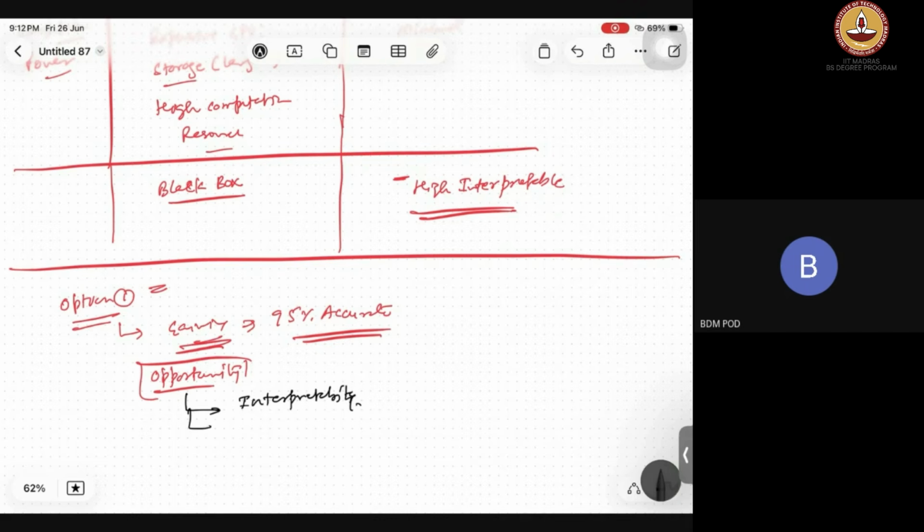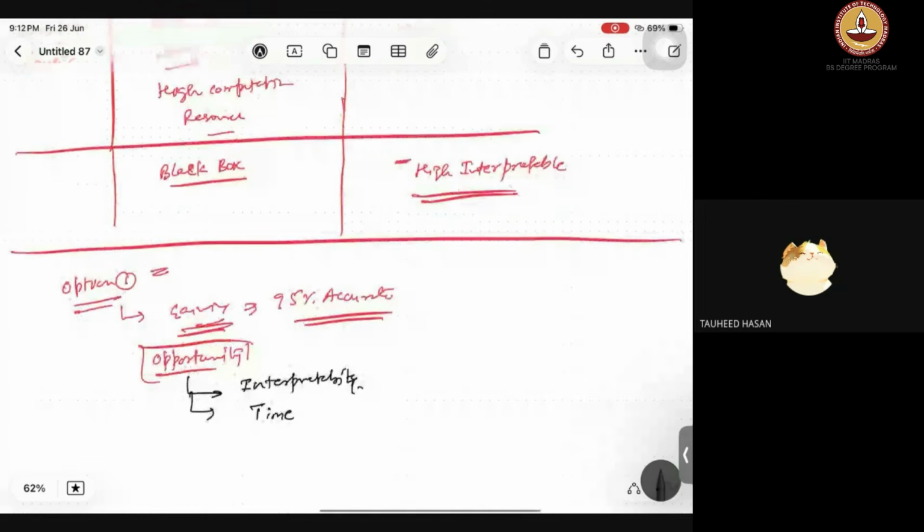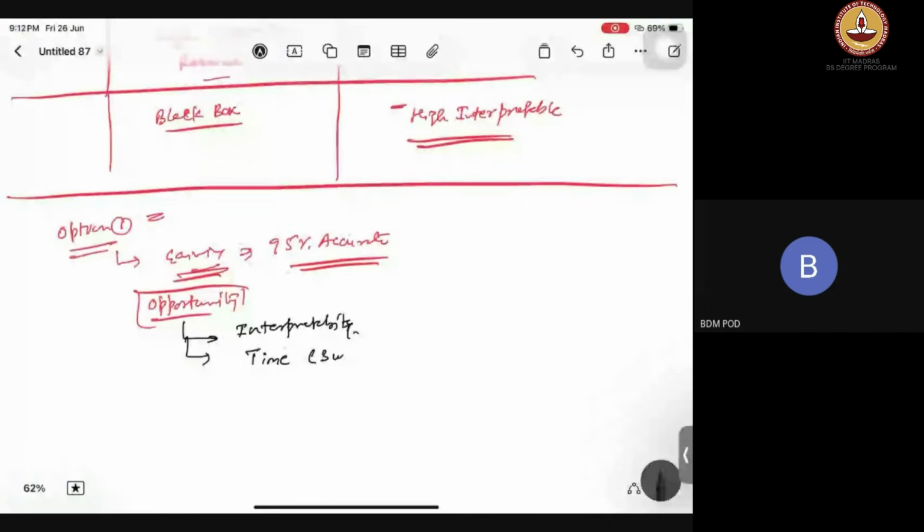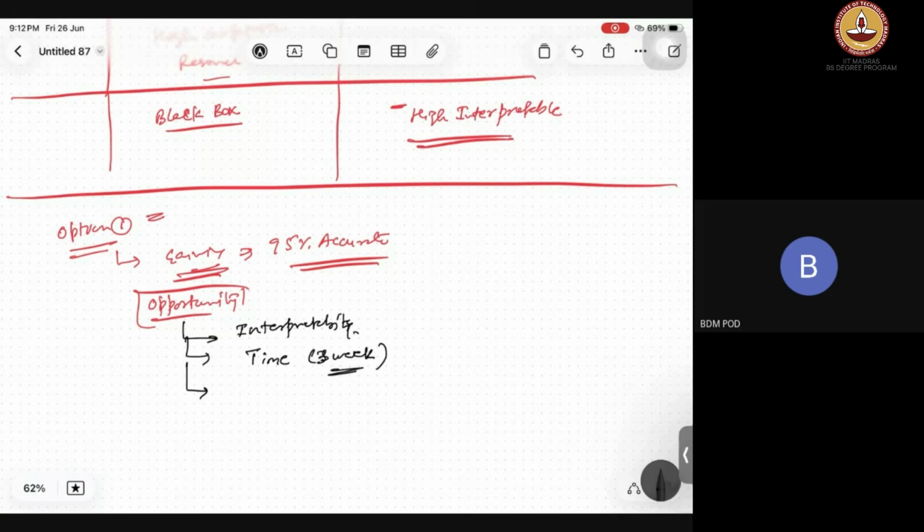The second thing is time. You have 3 weeks of extra time that you are saving, so in case the model is not accurate, you get time to refine it more. And the third thing you are losing when you opt for option one is your financial budget.